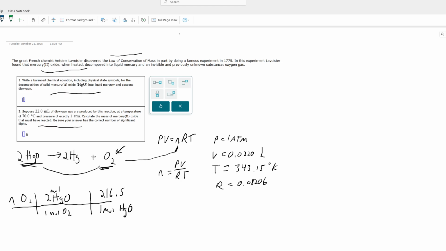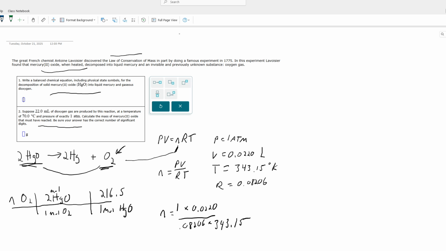Okay, so these are moles. Let's go ahead and put that in. So n equals 1 times 0.0220 divided by 0.08206 times 343.15. All right, let me get out my calculator, see if we can't do this problem.